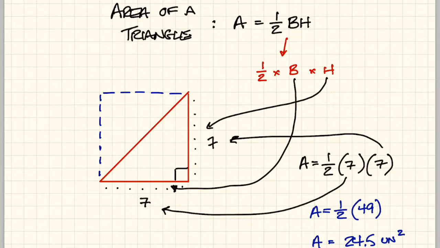If I were to count these, look at the full units here: 1, 2, 3, 4, 5, 6, 7, 8, 9, 10, 11, 12, 13, 14, 15, 16, 17, 18, 19, 20, 21. But then I've got these halves. I'm up to 21 full blocks here.